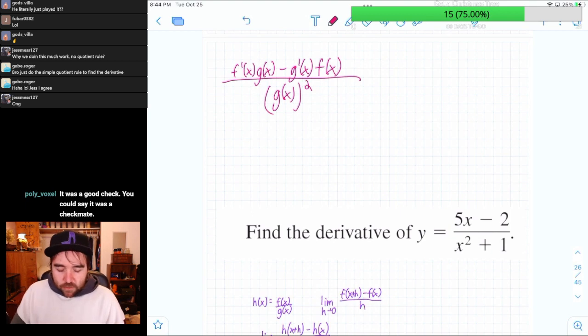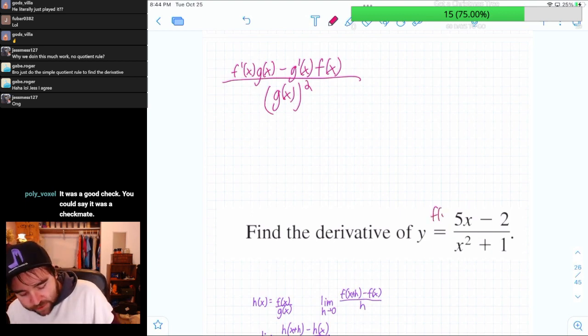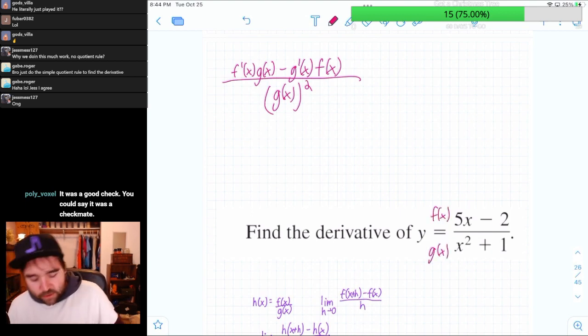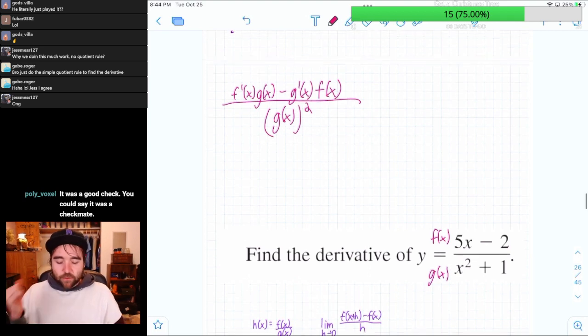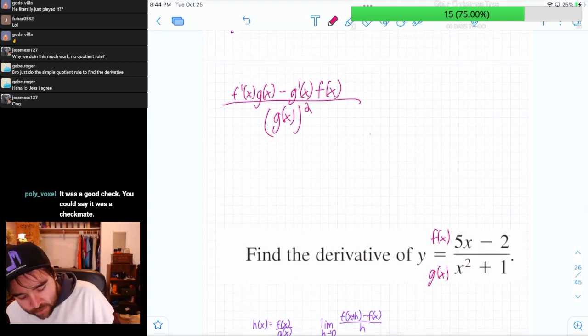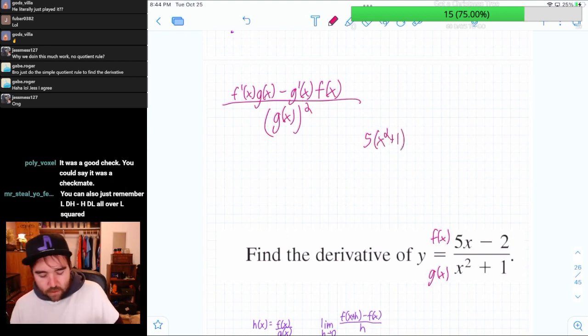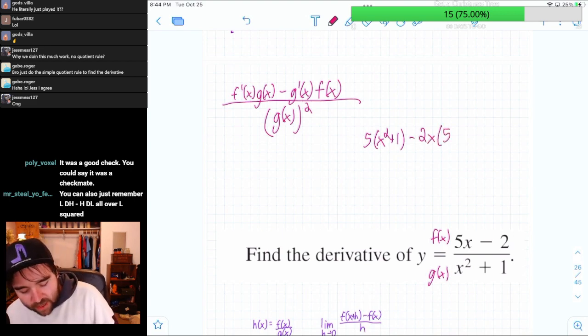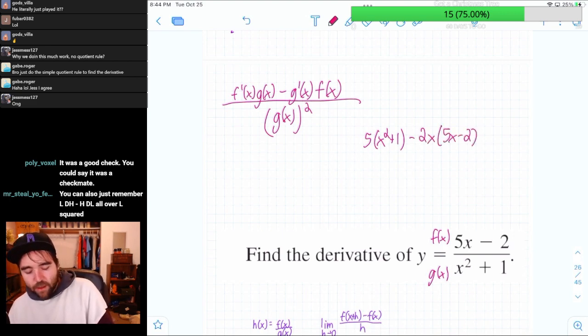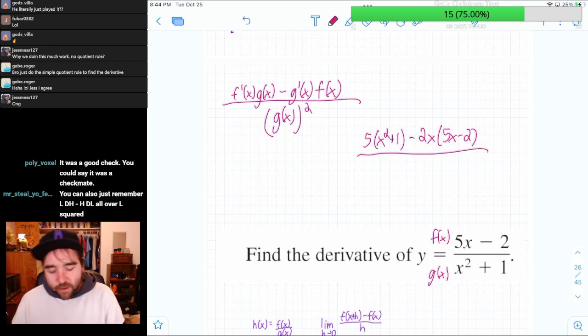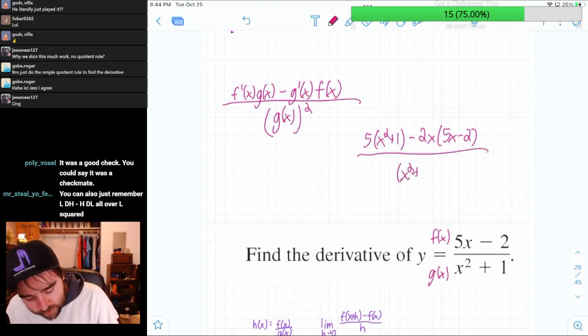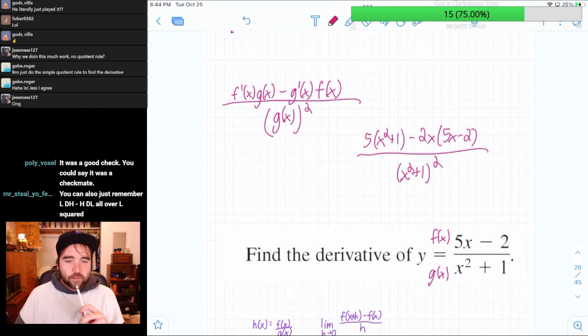So now if we want to use it, we see that this is our top function, our f of x. This is our bottom function, our g of x. So we're going to do the derivative of the top function, 5, times the bottom function, and then minus the derivative of the bottom function times the top function, and then all of that divided by the bottom function squared.